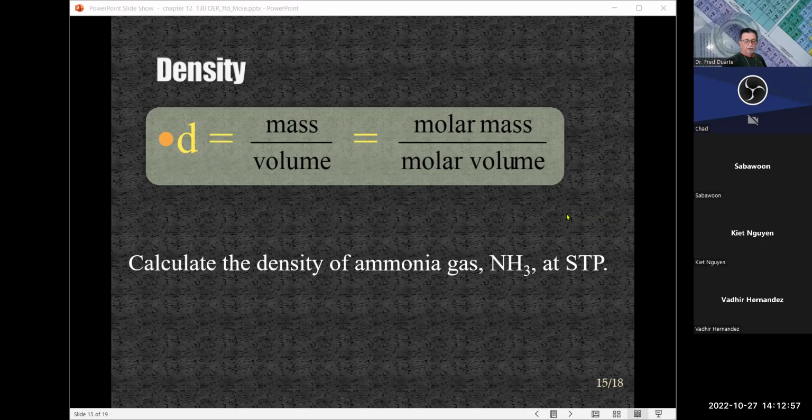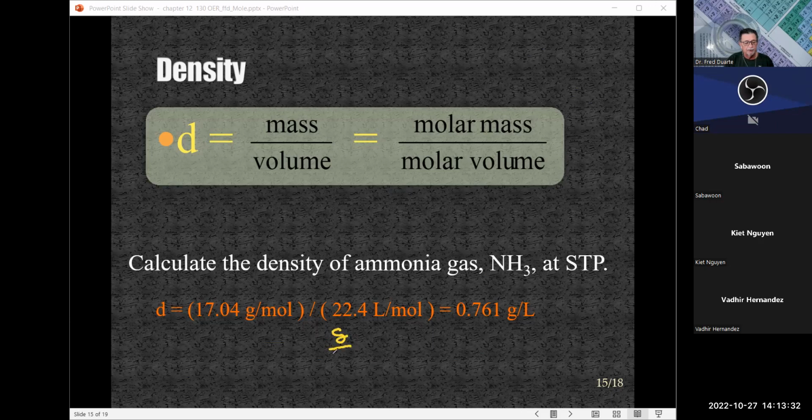And so if we want to know the density of ammonia at STP, we need the molar mass, which means we got to get the molar mass for ammonia, 1 nitrogen, 3 hydrogens. And then we know the molar volume is 22 liters per mole, okay? And so when we do that, its density at STP is 0.767 grams per liter.